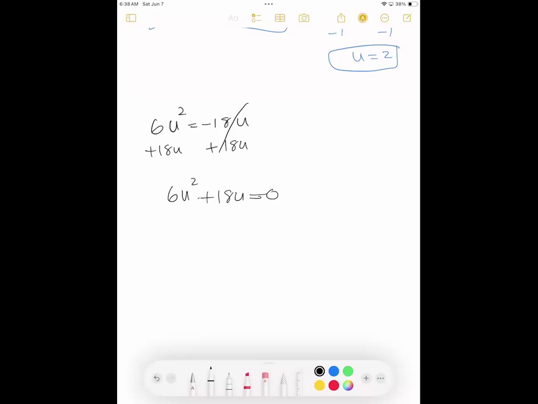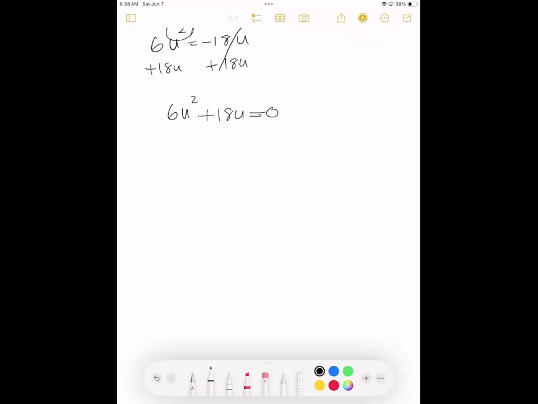So when you have such an equation, in order to solve this kind of equation, right now this is an equation with degree 2, or it's called a quadratic equation. So you make sure everything moves to one side before you solve it. Once everything is moved, then you decide what kind of factoring you should apply.